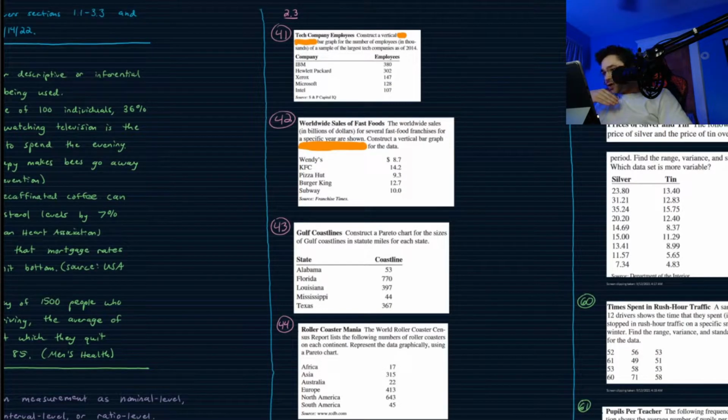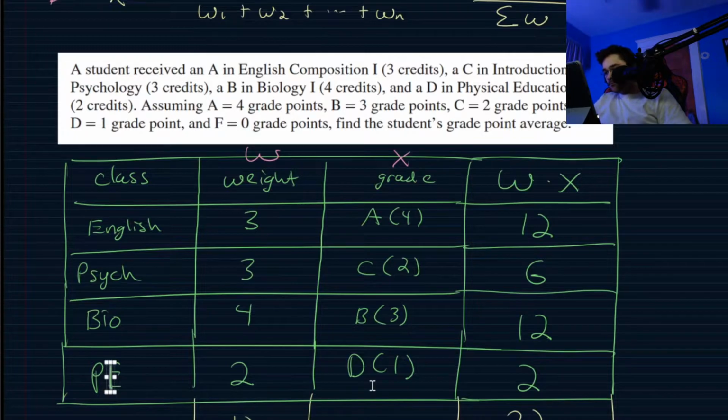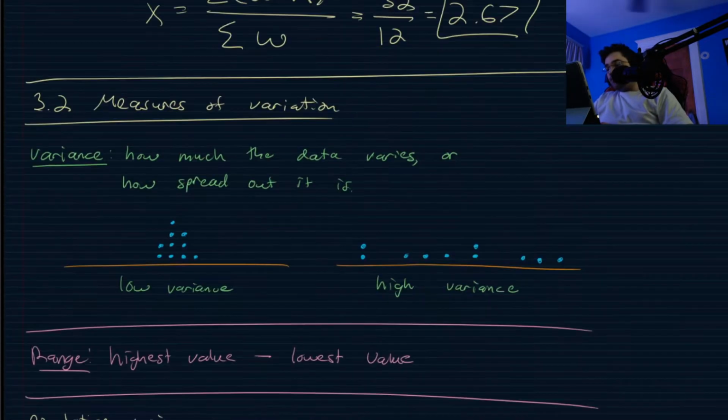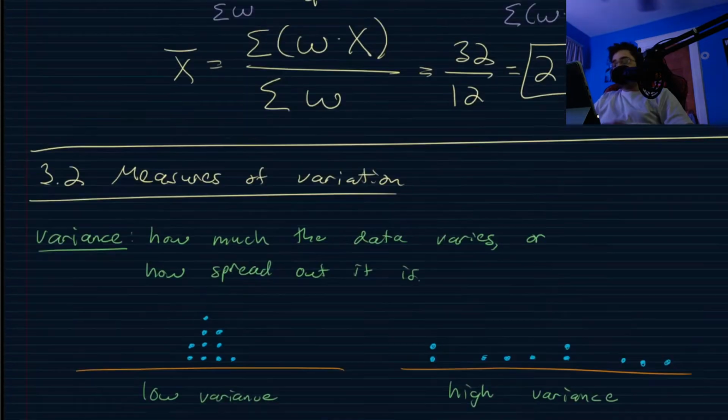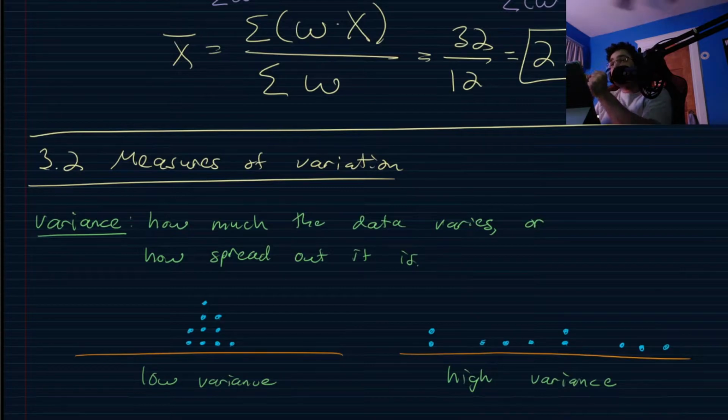Okay, then section 3.2. This is when we're talking about measures of variation. So we're talking about not a single data value. We're talking about the entire distribution and how much the data varies within that distribution. Is the data clumped or is the data spread out?